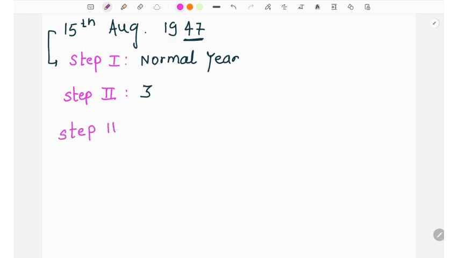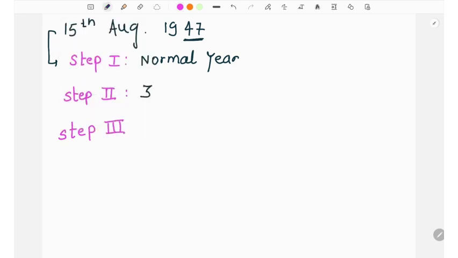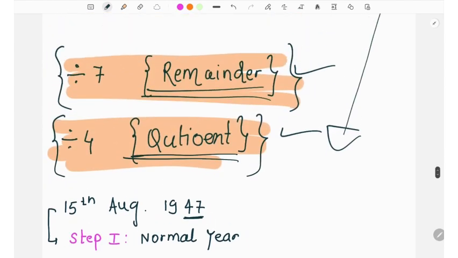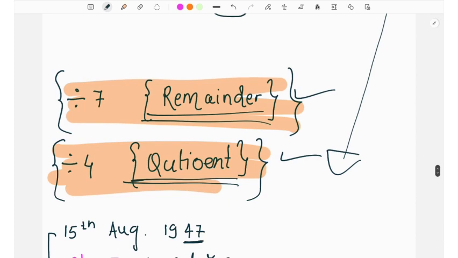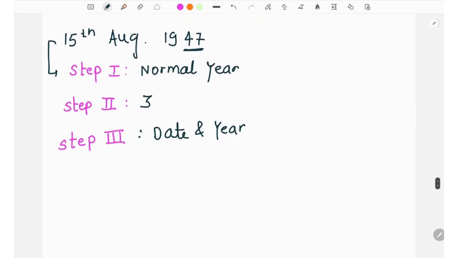In step 3, I have told you to divide the year and the date by 7. Now how to divide this, I'll tell you. But first of all, I'll just quickly remind you of one thing: whenever we divide by 7, we are just going to consider the remainder. So here I am dividing date and year by 7, and I'll simply consider the remainder, not the quotient.